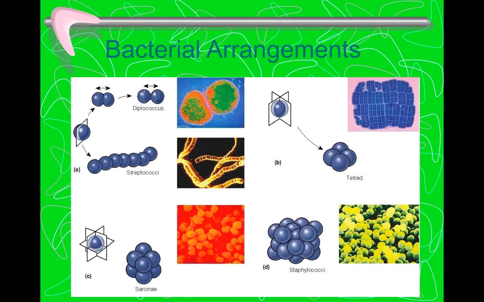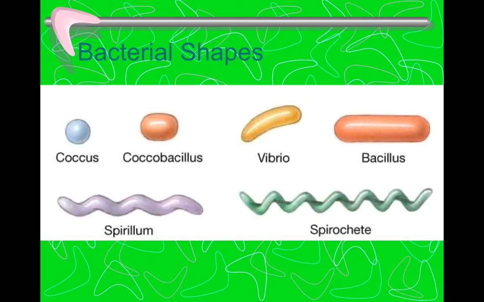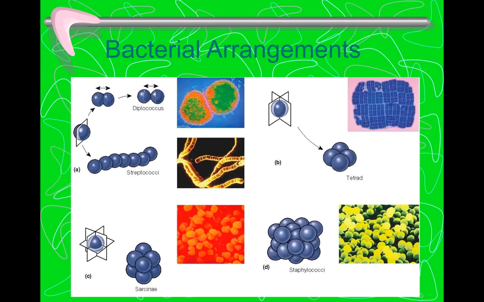And so that's Streptococcus. Diplococcus, remember diplo means two. So two of them are connected. Then we have Sarcinae. We probably won't talk a lot about that shape.